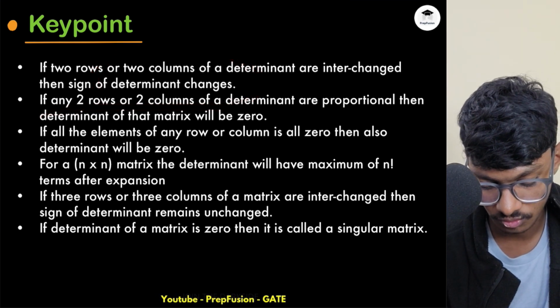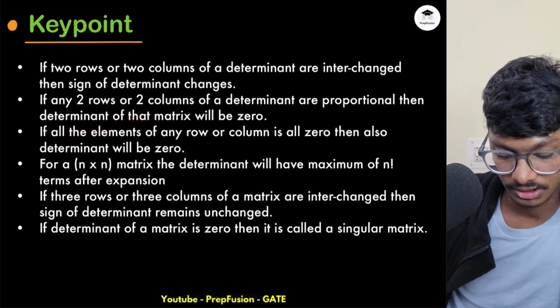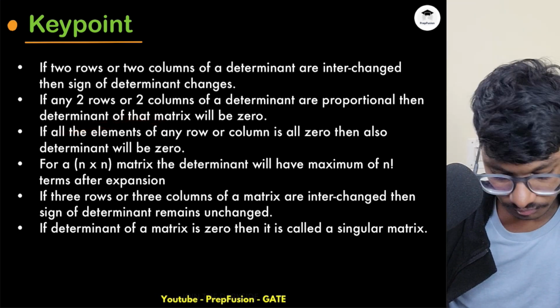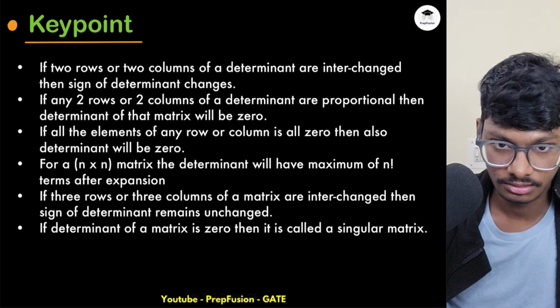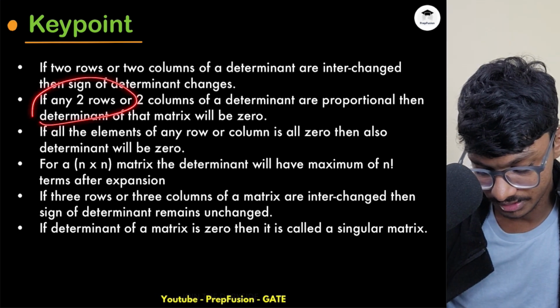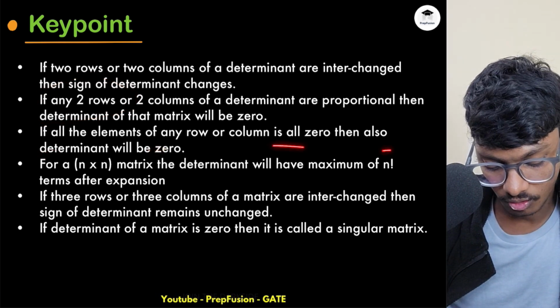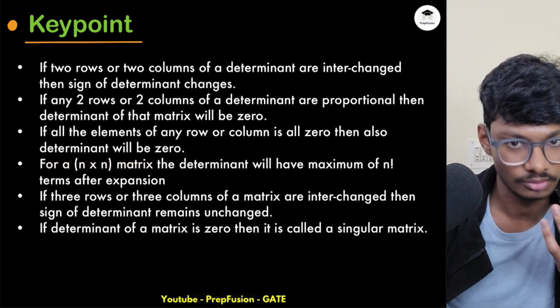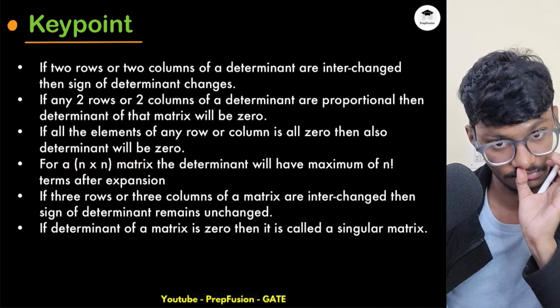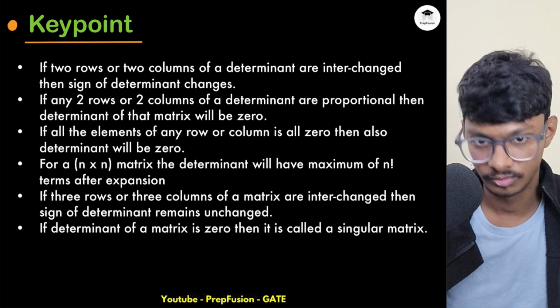If any two rows or two columns are proportional or identical, then the determinant of the matrix will be 0, as we proved in the third example. If all the elements of any row or column are 0, then also the determinant will be 0, because elements come in the determinant formula, so if the elements themselves are all 0, then obviously the determinant will be 0.